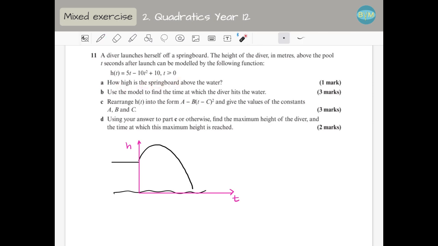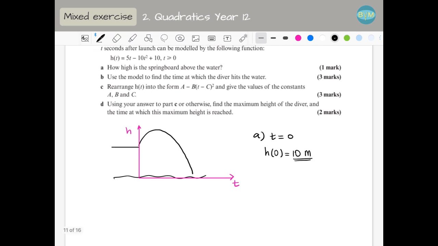The height of the springboard, where the person jumps, is going to be when t is 0. So when the time is 0 at the beginning, the height is 10. So this height of the springboard is just making t equal to 0, subbing in the h. So h0 is going to be 10 meters, and that's the height of the springboard.